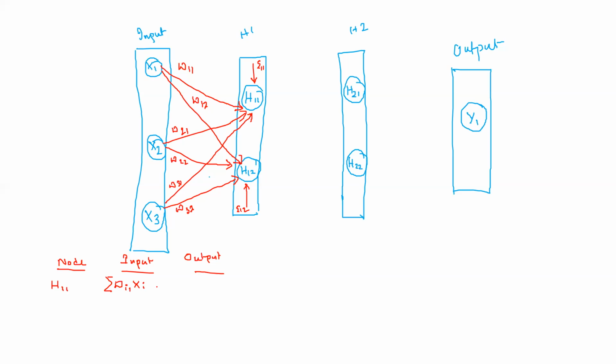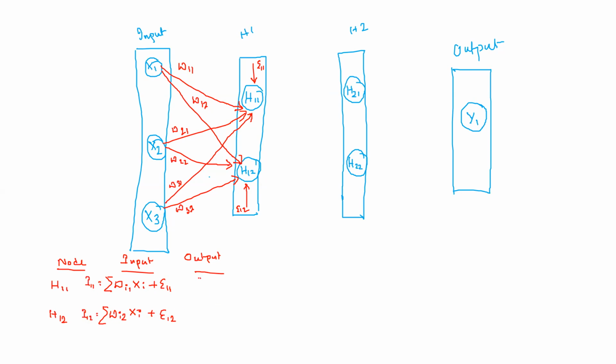So W11 is the weight. So W11 into X1 is the input. Similarly, W21 into X2 plus E11. Similarly, for this guy, it is W12 Xi, summation of that, plus E12. I write that's input of 1,1, and this is input of 1,2.